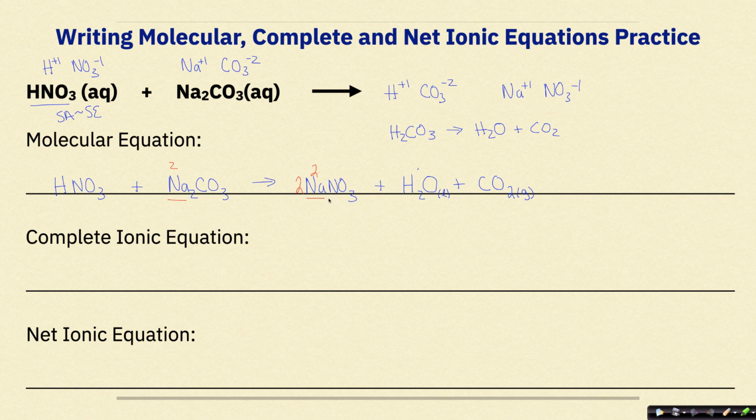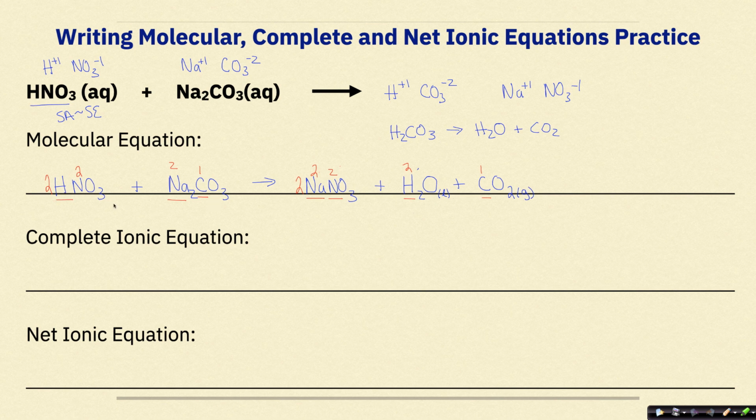But I can say that I have two nitrogens. So I need two nitrogens over here, so I'm going to put a 2 in front. Two hydrogens. Hey, I have two hydrogens right here. And then I have one carbon right here. And then I'm going to add up my total number of oxygens.